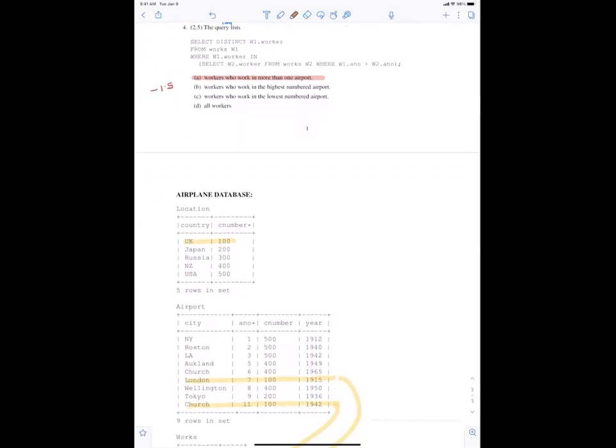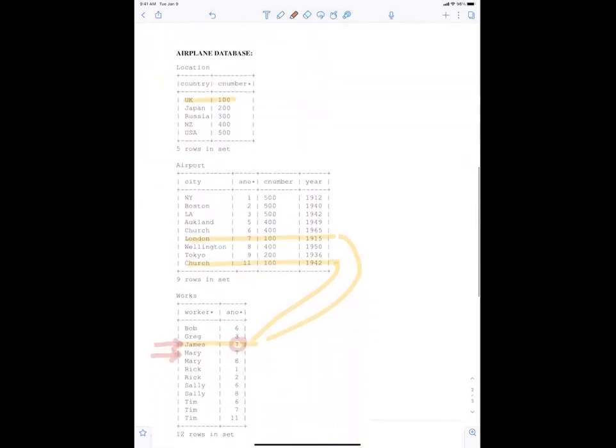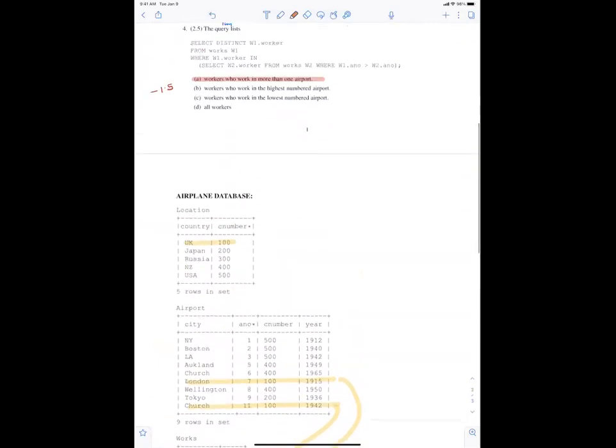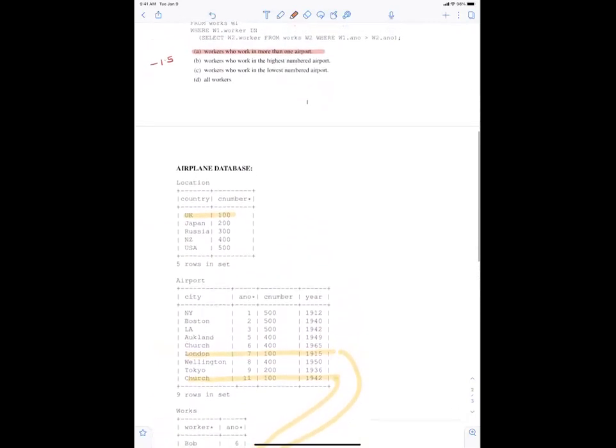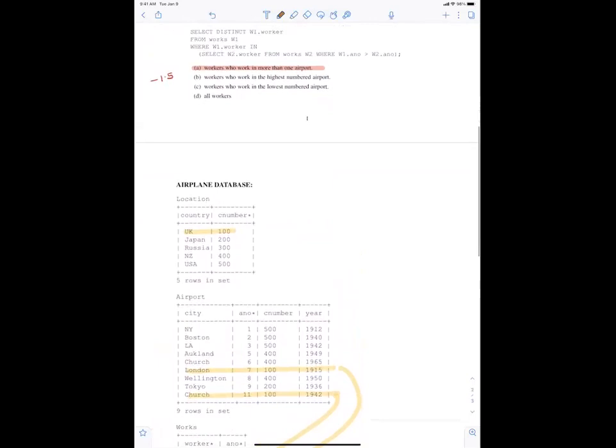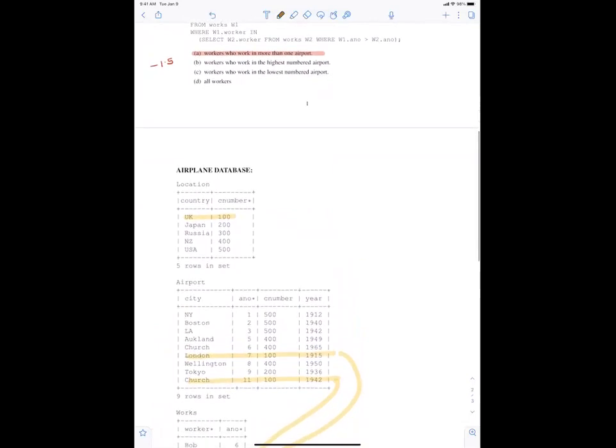So let's take James. Okay, let's just take James and just work through it. So you have James out here. It's a pity I've got to keep scanning through. It would have been good if I could do it side by side instead of having to keep scrolling back and forth. So we have w1.worker, so that's James.